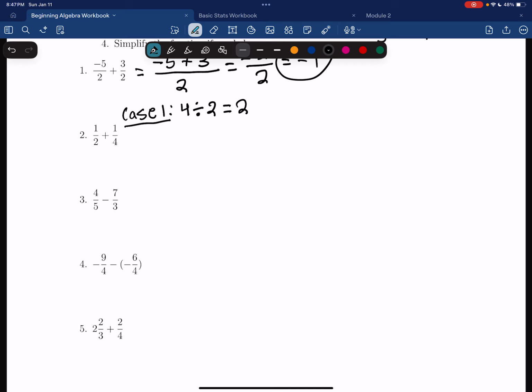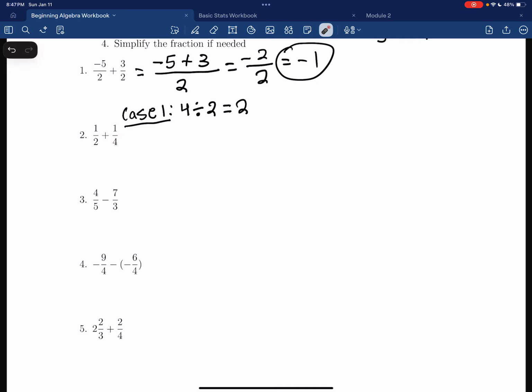Since we get a whole number, this indicates to us that 4 is our common denominator, or least common denominator, because 2 goes into 4. Because our common denominator is going to be 4, we aren't going to do anything with this fraction here, because this fraction already has that common denominator.